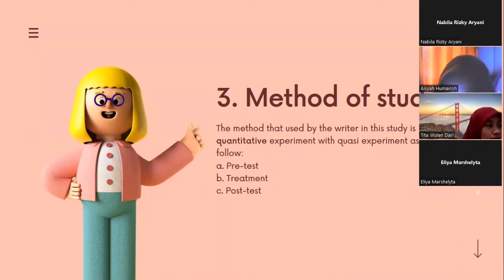The writer taught by using the application. And the third is post-test. The post-test was given to the students after treatment to know the students' achievement and progress. I think that's all. Back to the moderator.